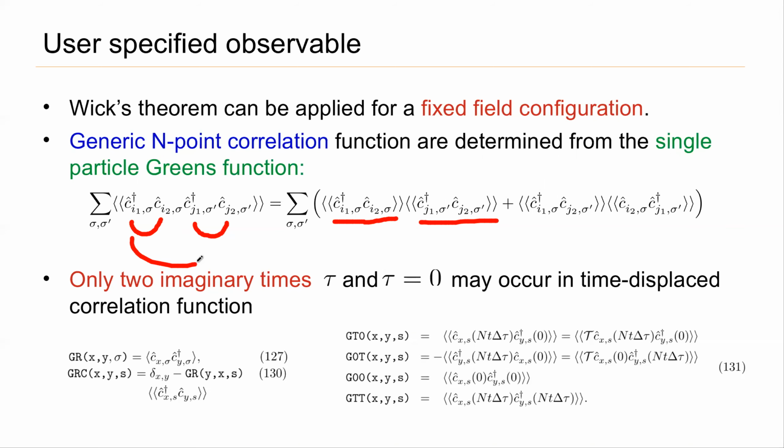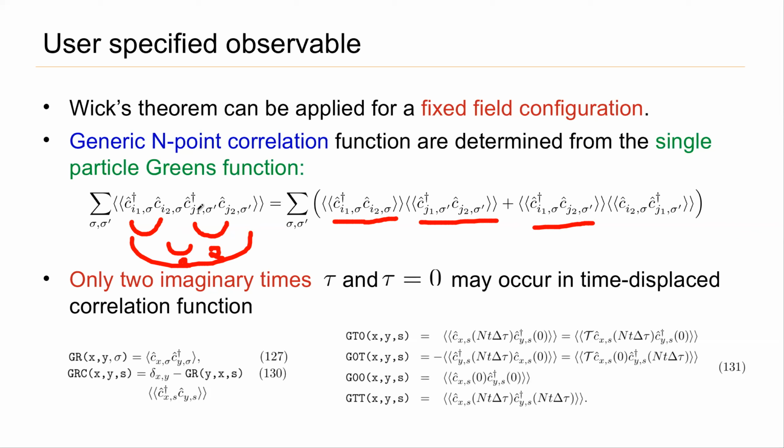I wanted to change the color, it didn't work out. So let's call this here 2. So this lower section is section 2. And then I have again the C dagger C contraction at positions I1 and J2, which is this term here. And then the other contraction.